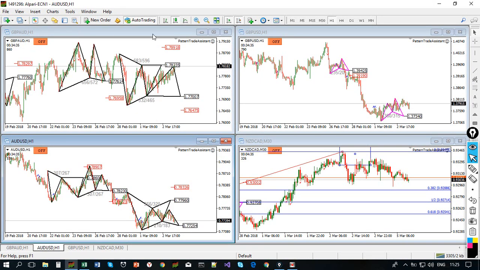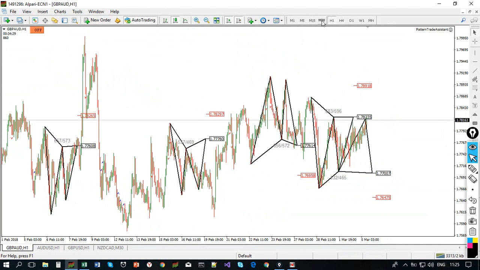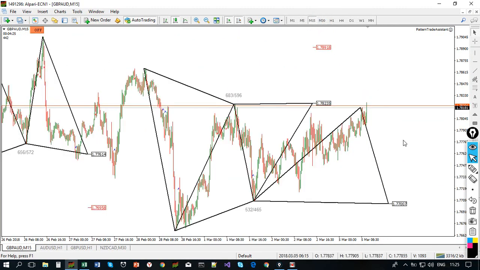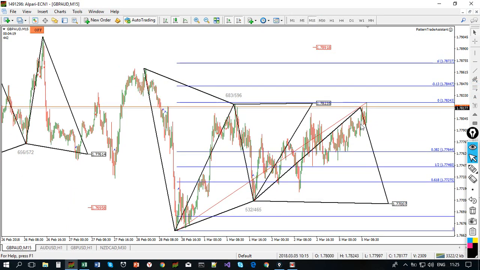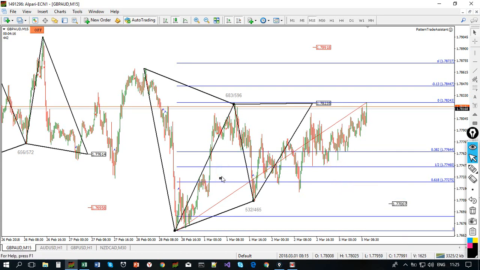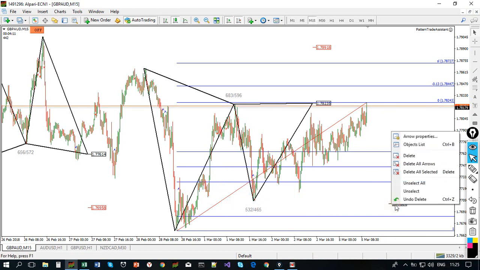Okay, we had Pound Aussie completed. Pound Aussie completed at 59.6, and the execution will go to the 15-minute at 59.6. Now I am going to stretch my fibs from here to here. I can delete this pattern, it's not needed, it's been invalidated.